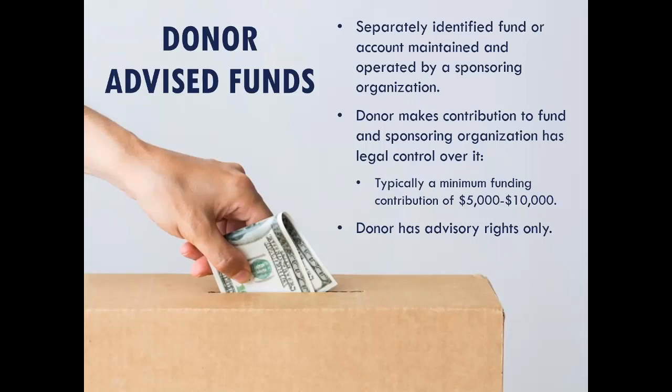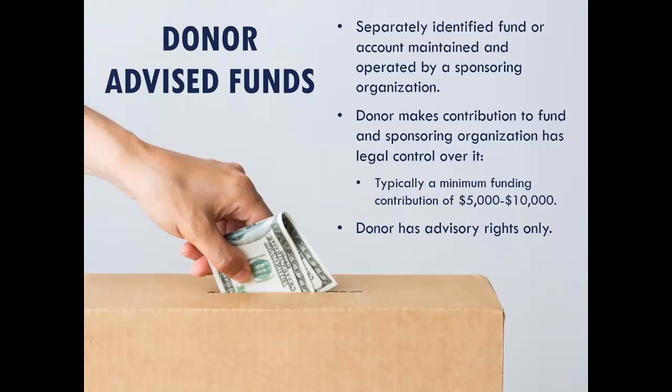Essentially, what the donor advised fund is, it's still a cash gift. The cash gift still comes to you as the charitable organization, but it's a way that donors can maximize. If they still want to take that charitable deduction, they could make, say, a $30,000 contribution to a donor advised fund, and then distribute that money out over the next 4 or 5 years.